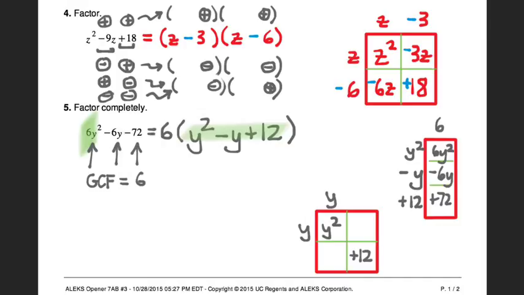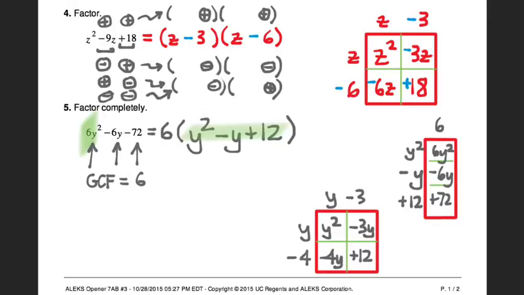Y plus 4 and then y minus 3. Let's try it. Oh wait, no, y minus 3 and then y minus 4. Okay. Oh, we're so perilously close here.